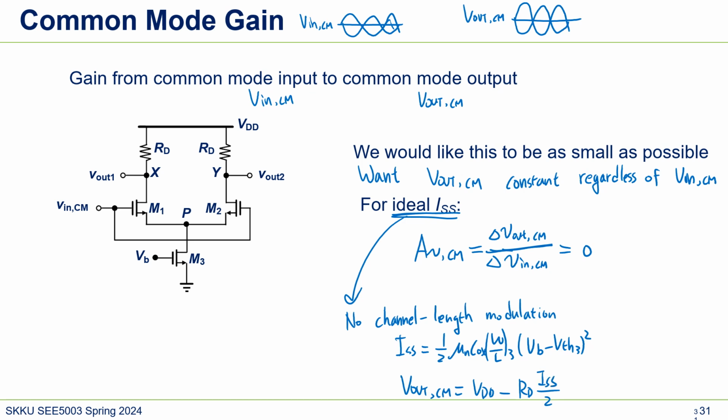Because if this is an ideal current source, ISS will always flow here, and that means ISS over 2 will flow in each branch. So this will never change, which means there's no change in delta V out CM, so the gain is 0. And this is good. This is what we want.